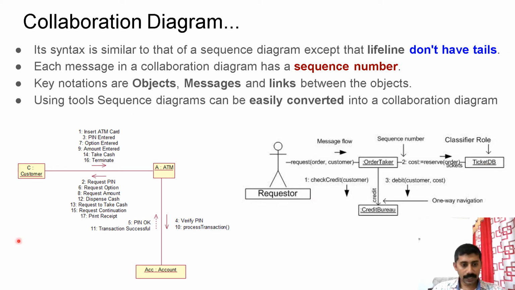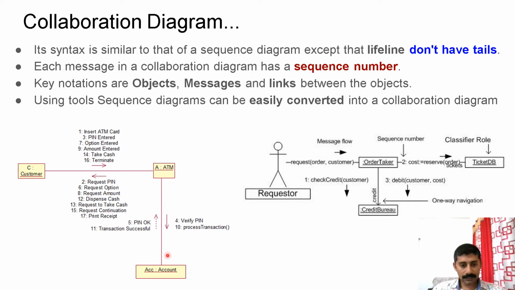So here you can see a very simple collaboration diagram or communication diagram. This is the process of a customer's interaction with the ATM machine. You can see the first message, number 1, insert ATM card. That message is sent to the object ATM.